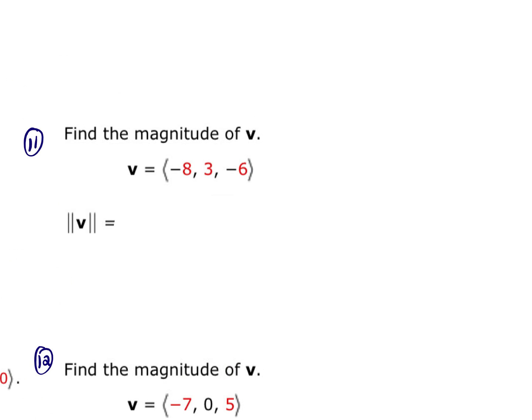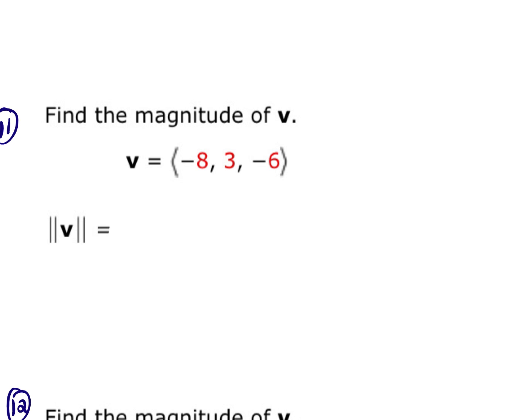So for 11, we have to find the magnitude of v. How do I find the magnitude? So we take the square root of the first number squared plus the second number squared plus the third number squared.